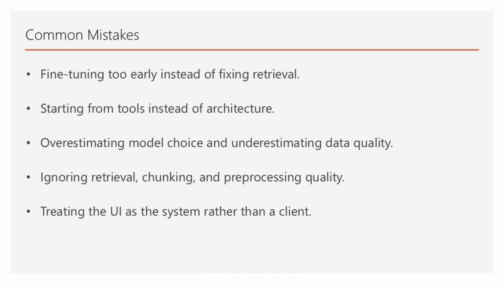Teams also tend to overestimate how much the model itself matters, while underestimating pre-processing, chunking, and retrieval quality. Finally, many systems fail because the UI is treated as the system rather than as a thin client on top of a well-defined backend. These are not AI mistakes. They are classic software design mistakes that simply become visible faster when LLMs are involved.